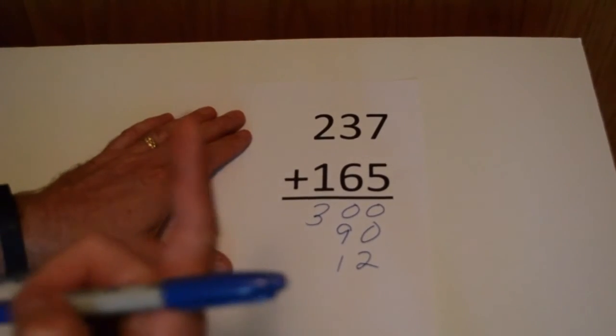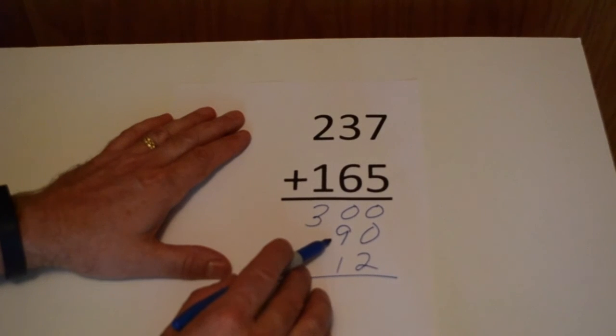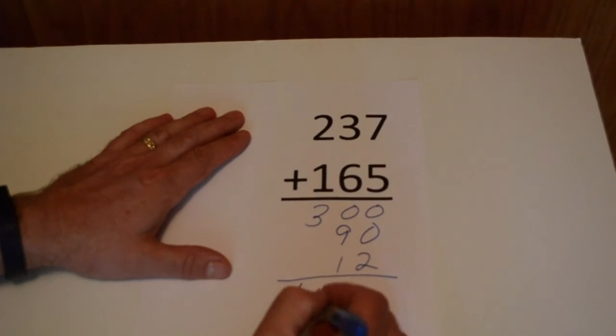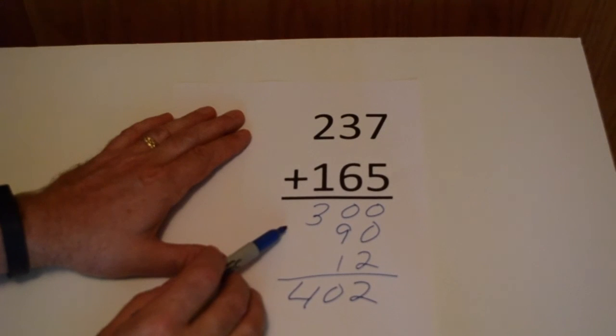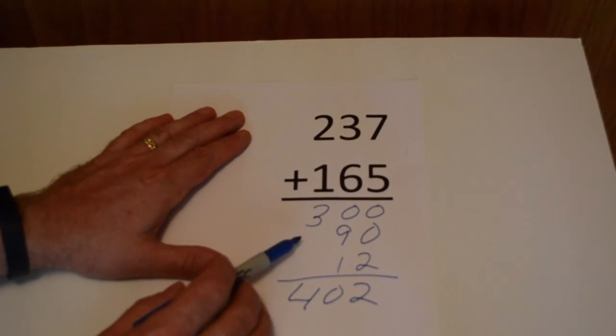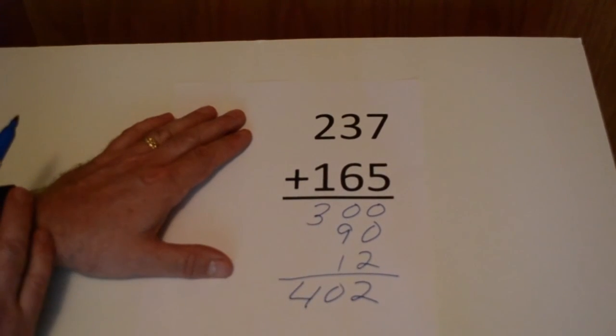If we're doing this as mental arithmetic, 390, another 10 makes 400, 402. So as a pencil and paper strategy, maybe not the most efficient, but as a mental arithmetic strategy, very efficient based on holding that larger number and adding to that as you go down to the smaller numbers.